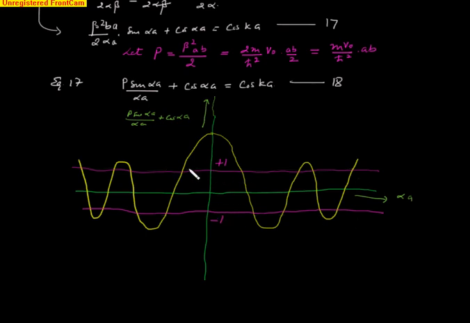But outside these lines, that means this portion, this portion and this portion, similarly here this portion, this portion, these are not allowed values. So outside these pink lines, the values shaded by red color are not allowed. All these values are not allowed.